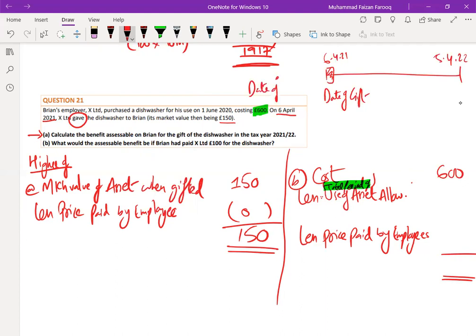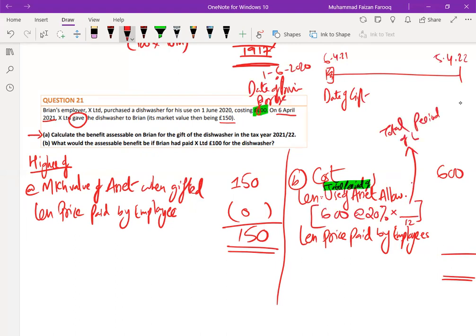The date of provision for use is also given: 1st June 2020. The use of asset allowance is 20% per annum. Simple. Always remember, use of asset is 20% on the cost. What will we take here? Here we are going to take the total period of use. Either it's in the tax year or before the tax year or during the tax year, total period of use irrespective of tax year.